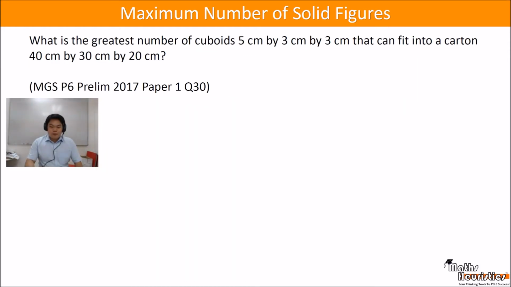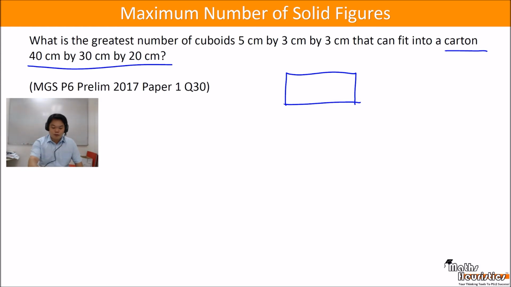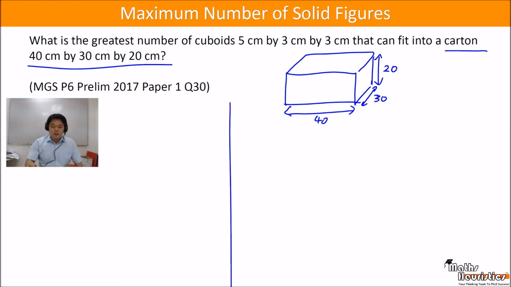Since there are multiple orientations, we should consider all of them. To aid us in visualizing the situation, let us draw out a diagram. This is the carton, which is 40 cm by 30 cm by 20 cm. And let us consider the first way of arranging the cuboids.